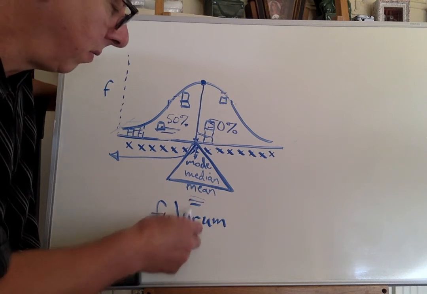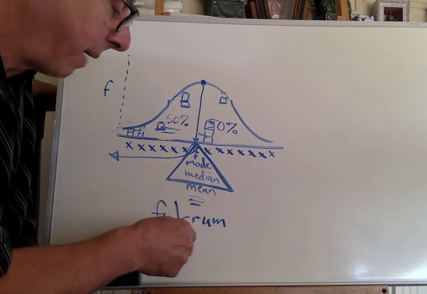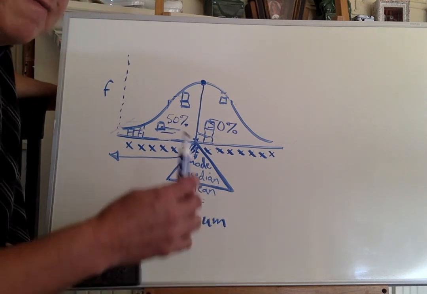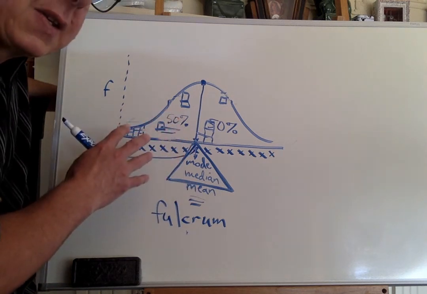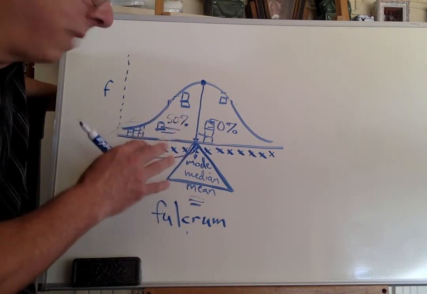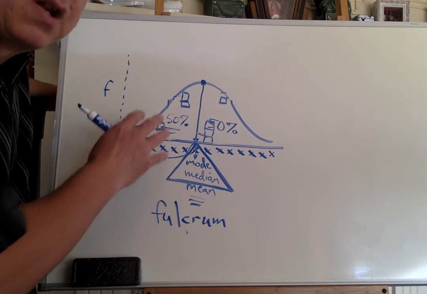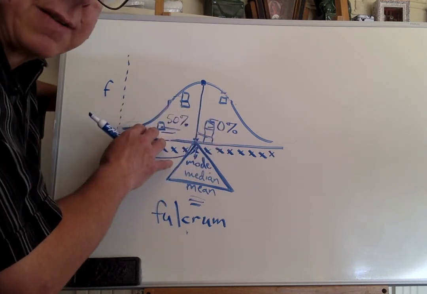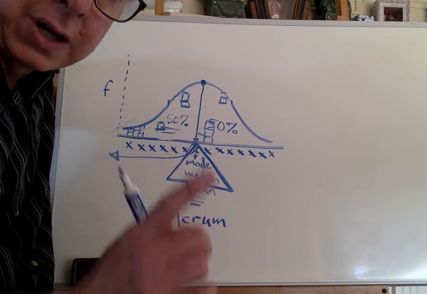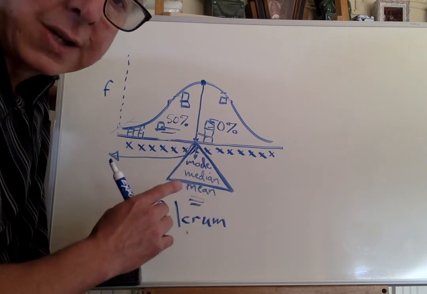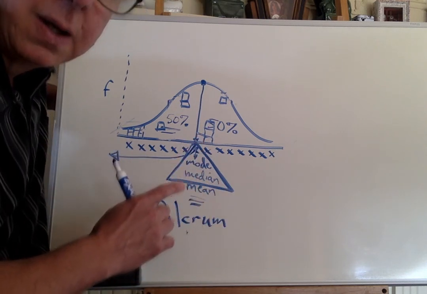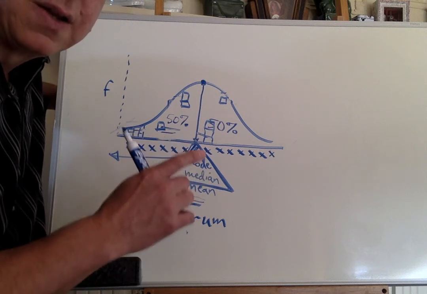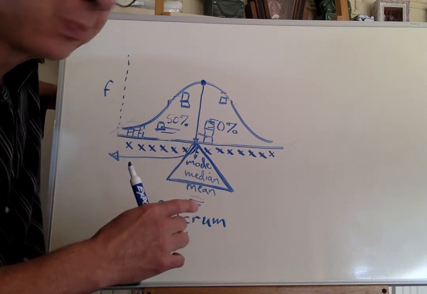Plus, even if you now know that the mean is the balance point, the fulcrum, in this case, you may think that it balances the number of blocks on each side. And it does in this case. But that can be very confusing.